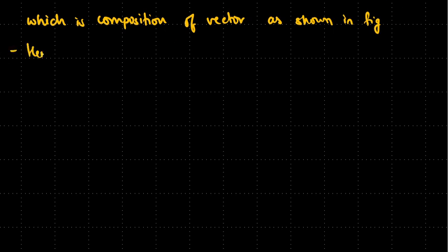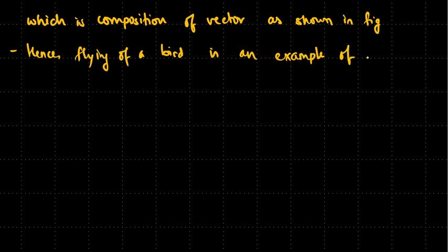Hence, flying of a bird is an example of composition of vectors.